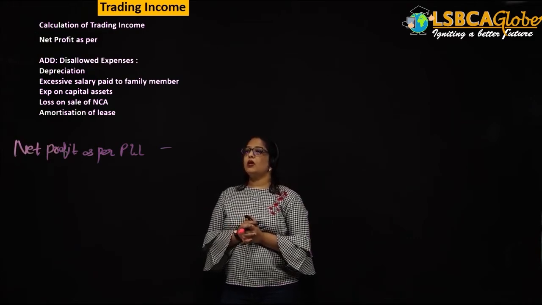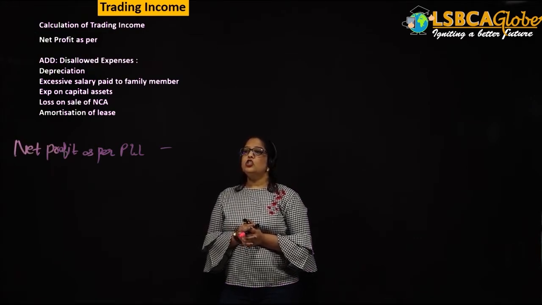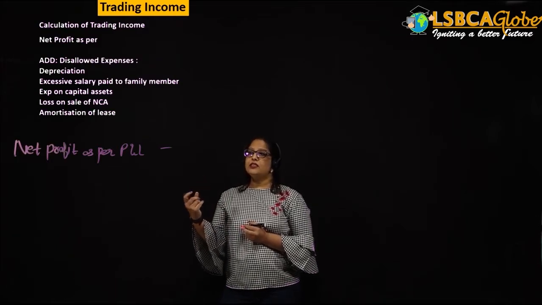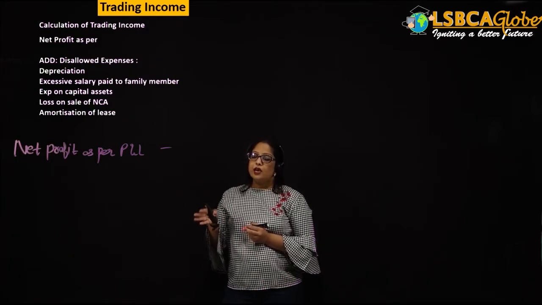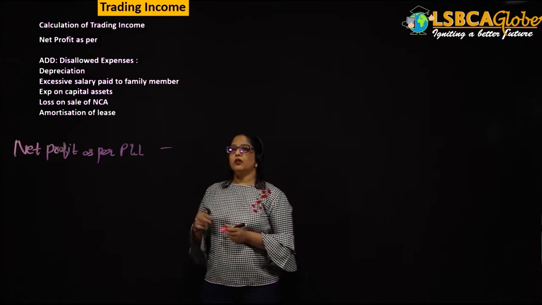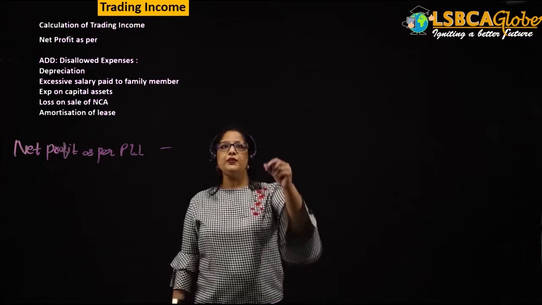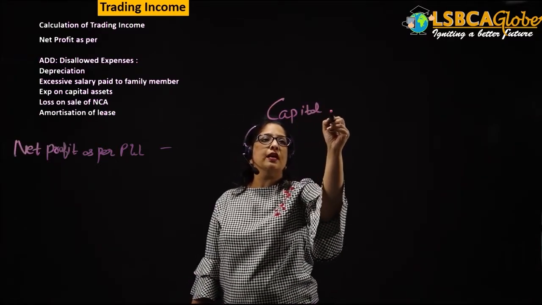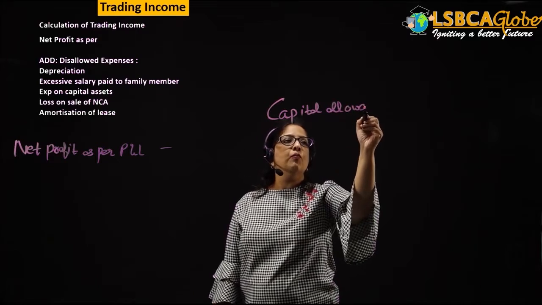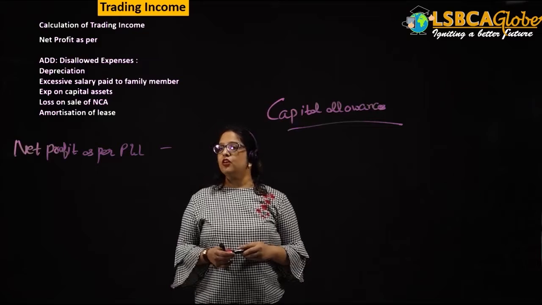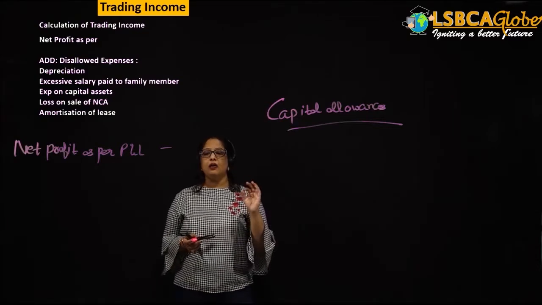Depreciation is not allowed under UK taxation. You have done depreciation in IFRS, but for taxation purposes, depreciation is not allowed. Instead of depreciation, capital allowances are allowed, which I am going to discuss later on.